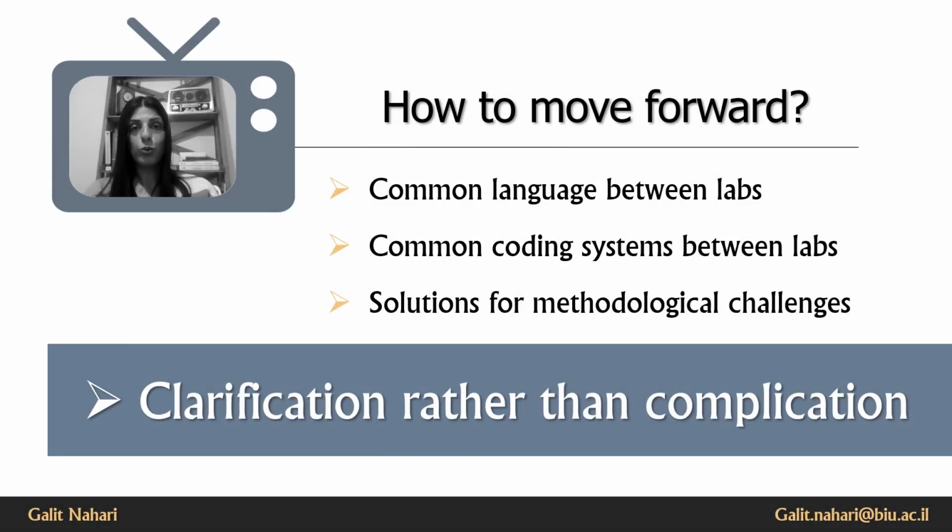So how to move forward? Beyond the obvious, to continue conducting good research, my main message is to add clarification rather than complication to the literature. To achieve that, we should try to establish mutual language and coding systems between labs, and as a group with a mutual aim, extend the discussions about our research quality and try to solve its fundamental challenges.